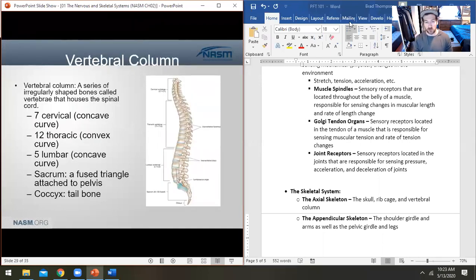Then if we look at our vertebral column, this is a big part of our skeletal system that's obviously very important to us. We have your lumbar vertebrae, your thoracic vertebrae and your cervical vertebrae. And then at the bottom, you have your sacrum and your coccyx. Your sacrum, that little triangle-shaped bone at the very bottom, is sometimes referred to as the top of your tailbone.